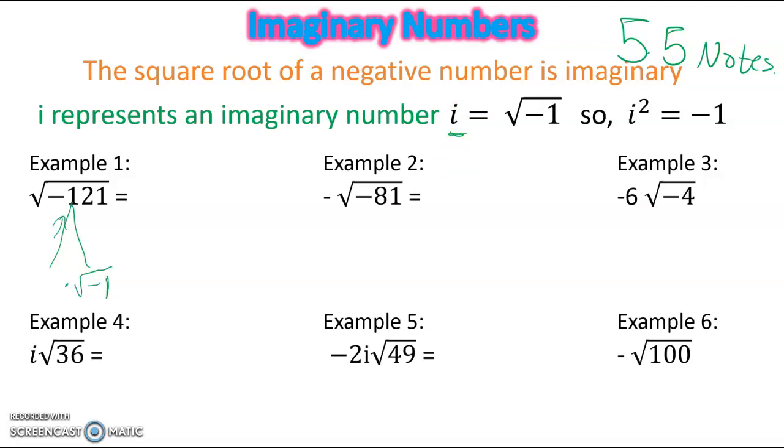We're just going to substitute in i for that to simplify it. Remember, when we split it up, these two square roots have to multiply to get the top square root. So what multiplies by -1 to get 121? That is just 121. Then I do the square root of 121, which is 11.